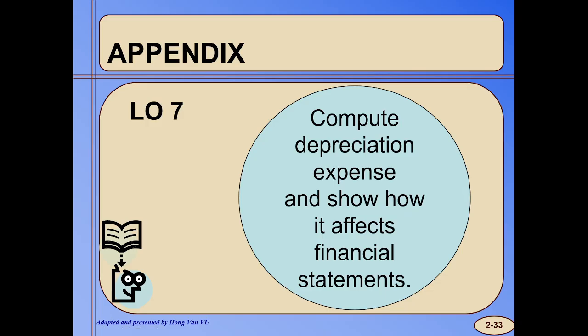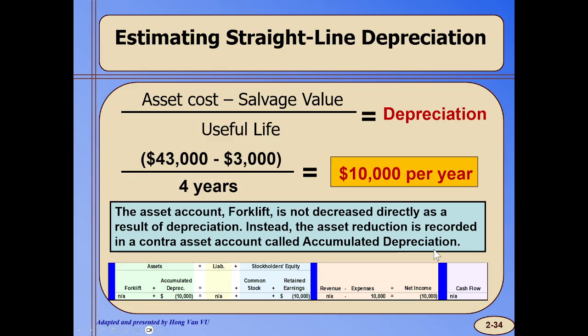For learning objective number 7, we learn how to compute the depreciation expense and show how it affects the financial statements. So we will use the method we call straight-line depreciation to measure the net economic benefit of running a business. Assume that the Libby company uses a forklift and must estimate how much of the cost of the forklift is used in the process of earning revenue.